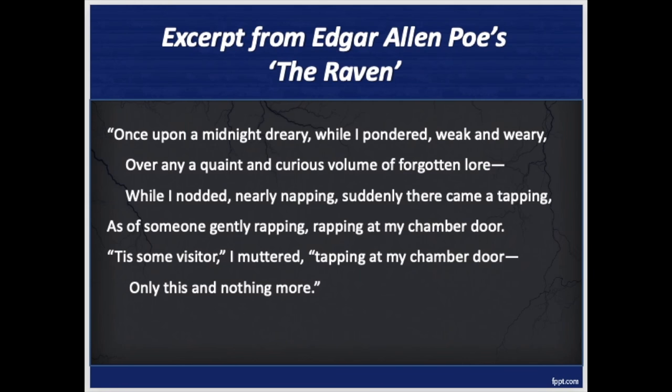You should have hopefully found that we're talking about midnight up here. Similarly, notice that there's a word that's identifying an object, establishing that you were indoors. You should have recognized that we're talking about a door. Chamber door, talking about a bedroom door. That's inferring that we're indoors.